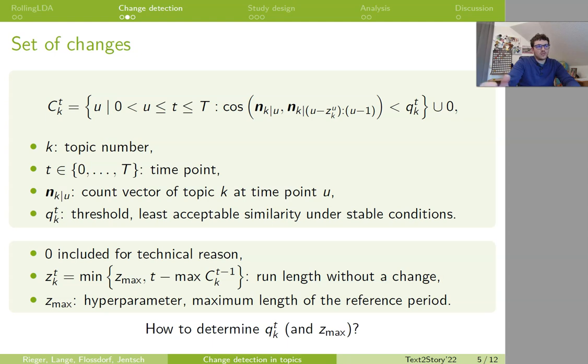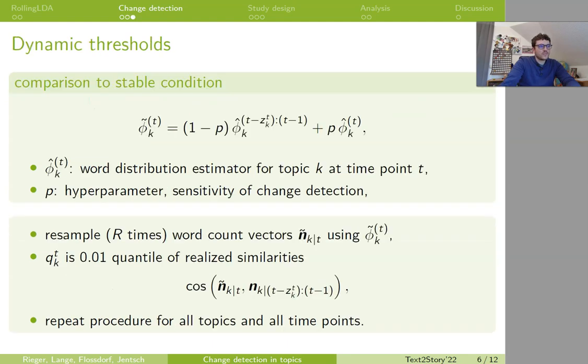Okay, now how can we determine QTK and Zmax? For this, we first need to take one step back, because we need to define our semi-stable condition for the topic to be able to say what is our least acceptable similarity without reporting a change. For this, we define the expected word distribution as a mixture of the estimated word distribution at the current time point and the estimated word distribution over the reference period.